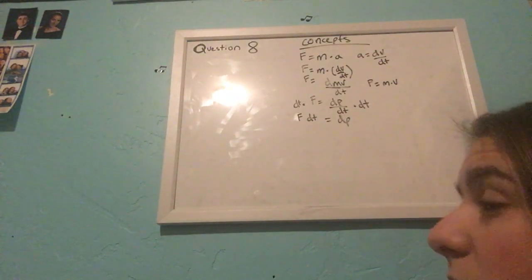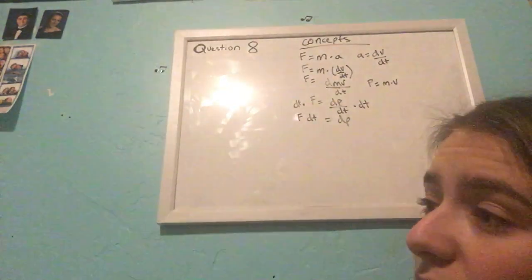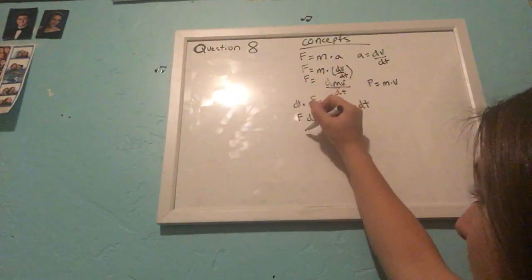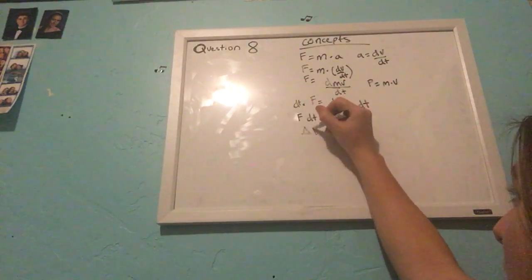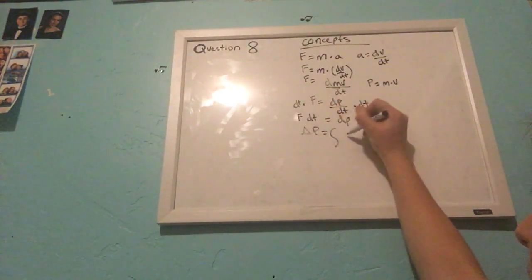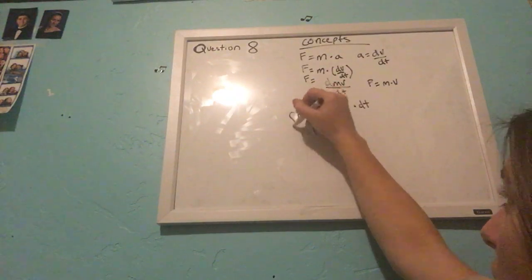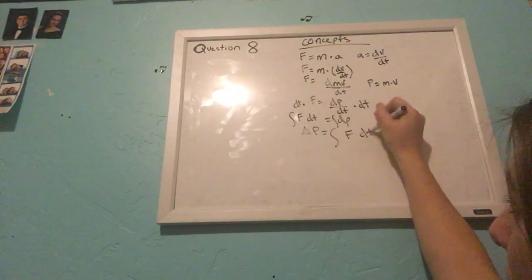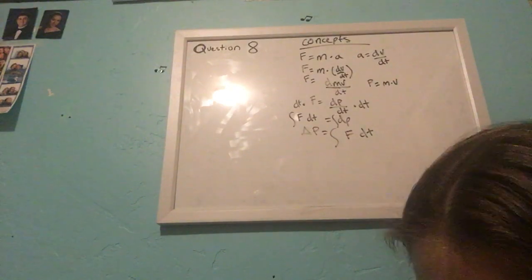Okay, and so now I can take the integral of that. So I can say that the change in momentum is equal to the integral, taking the integral of both sides, of force with respect to time.